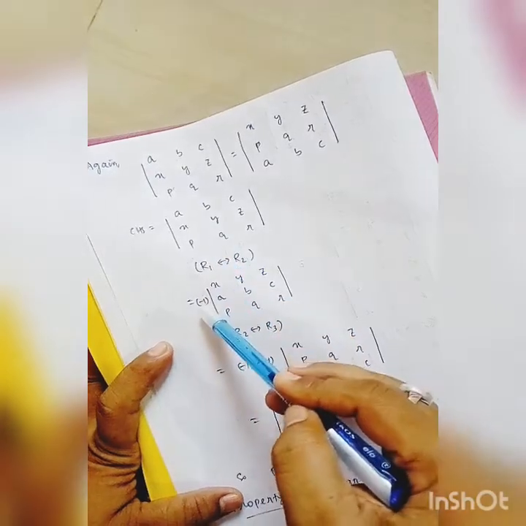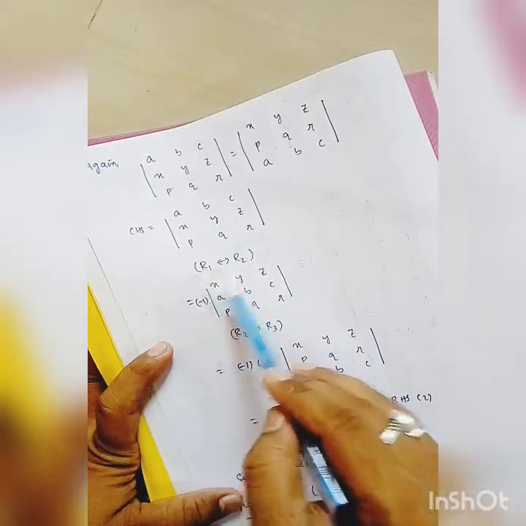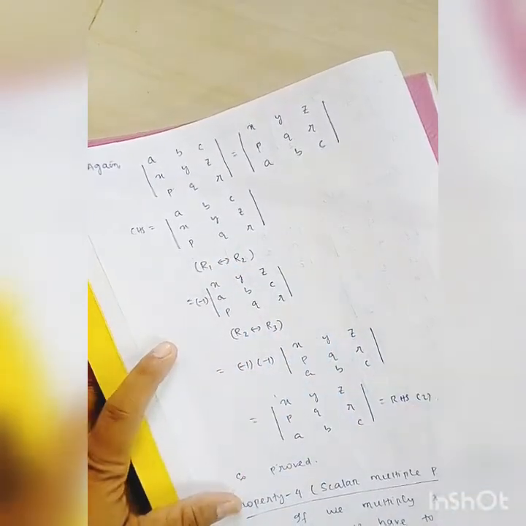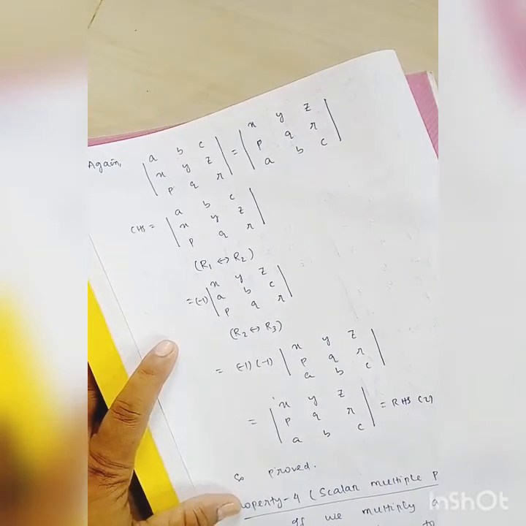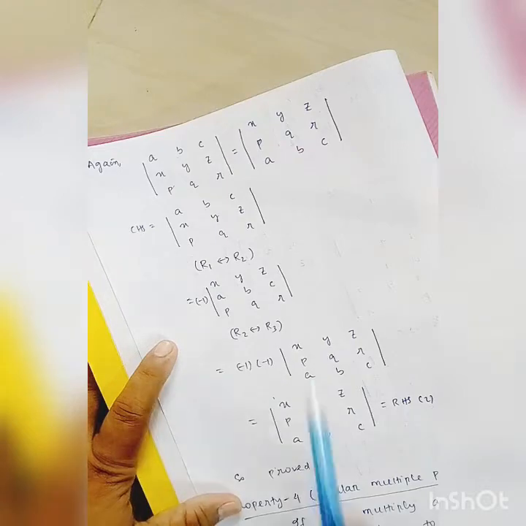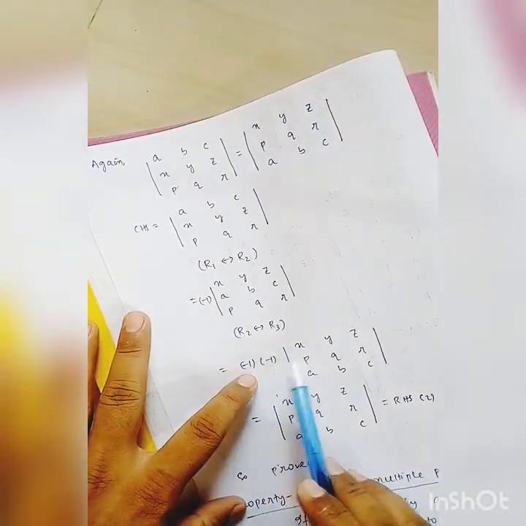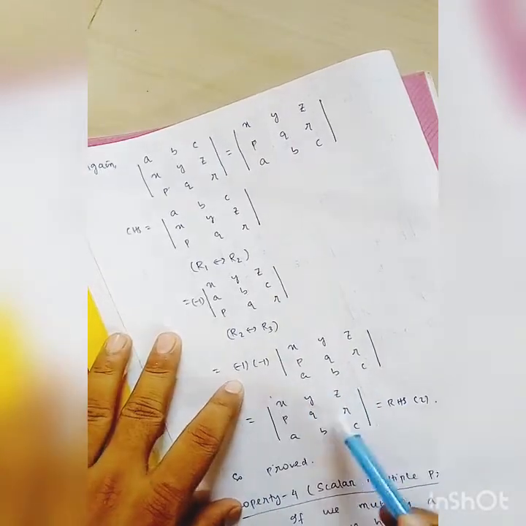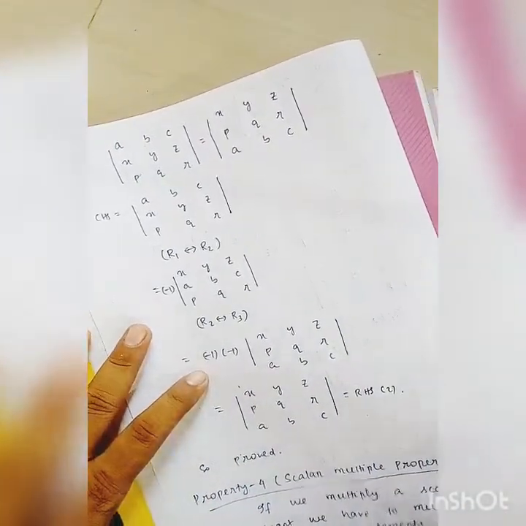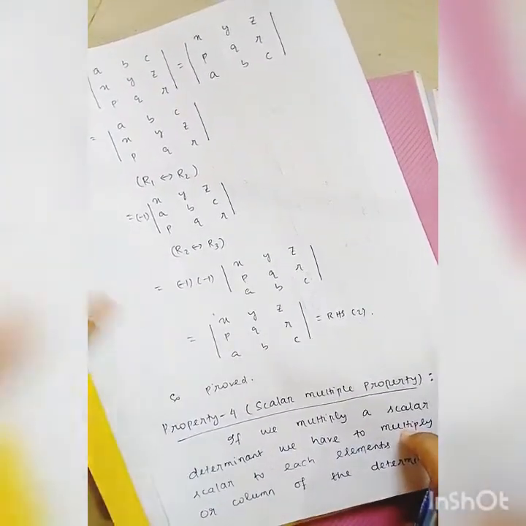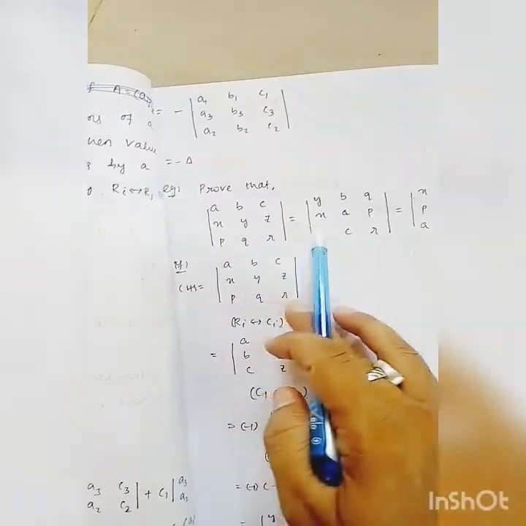Now you have to multiply by -1, that is XYZ ABC PQR. Again on the right side PQR is in the second row, again interchange row 2 with row 3. Again we have to multiply by a negative sign, that is -1 into -1. So again minus plus, again we get this equal to RHS. So from these two we get this equal to this equal to this.